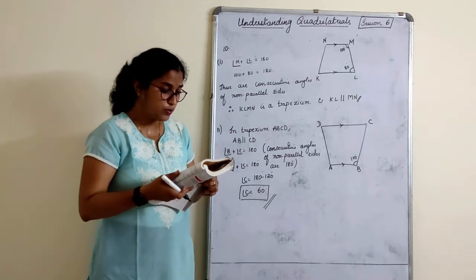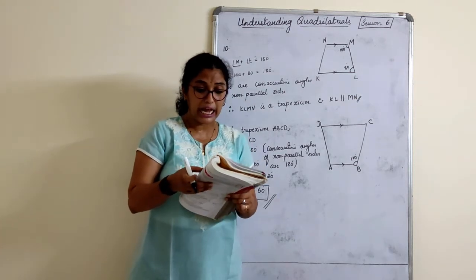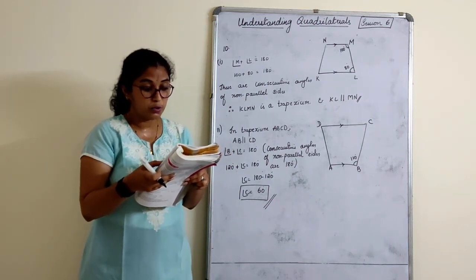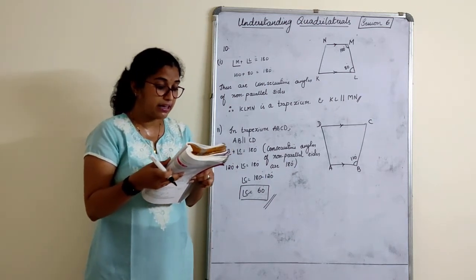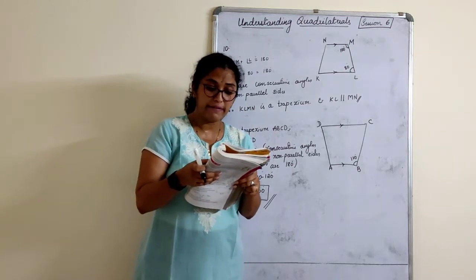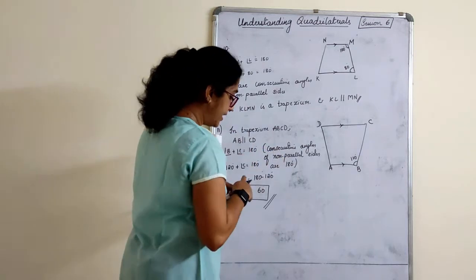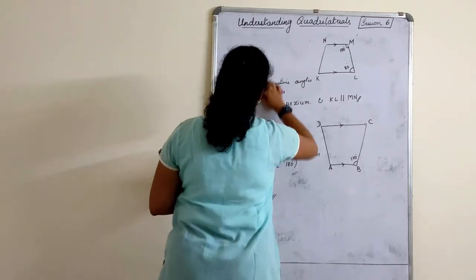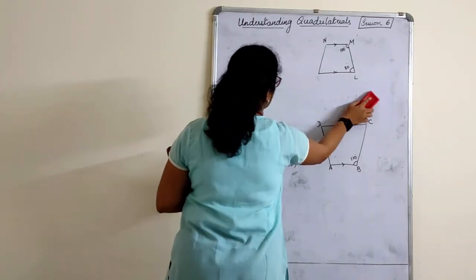And the last one: find the measure of P and S if SP is parallel to RQ. If you find the measure of angle R, is there more than one method to find angle P? Let's find out according to them. So that will be the last sum for today's session.